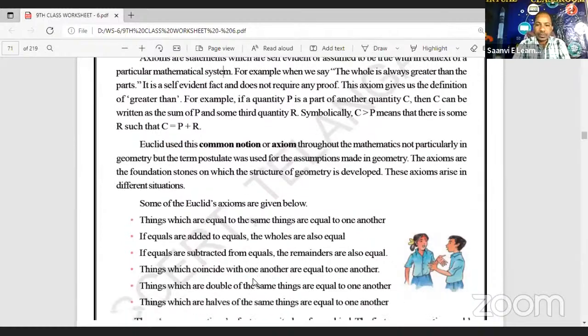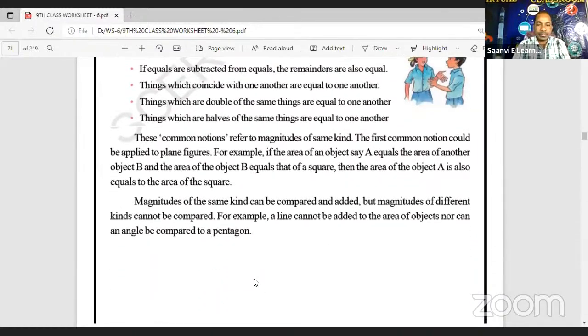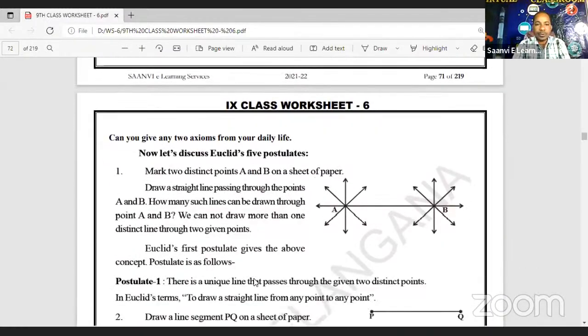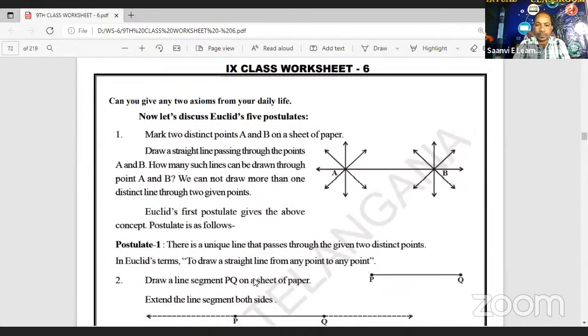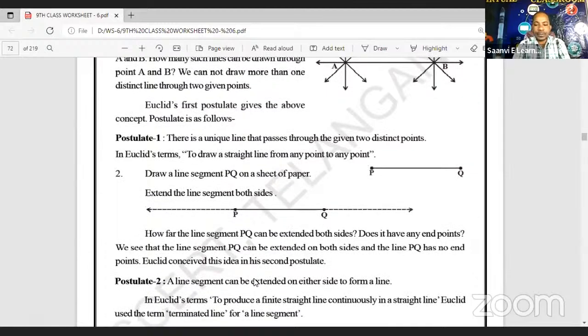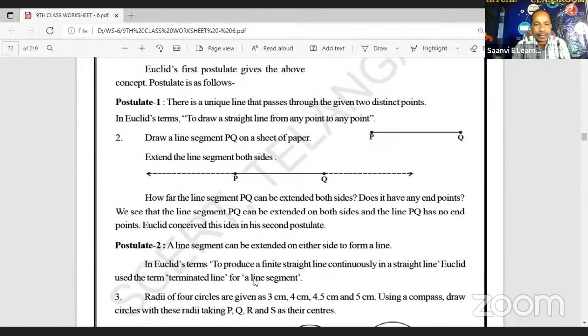Here some postulates are also given. Euclid's postulates. The first one, postulate 1. It is given: there is a unique line that passes through the given 2 distinct points.